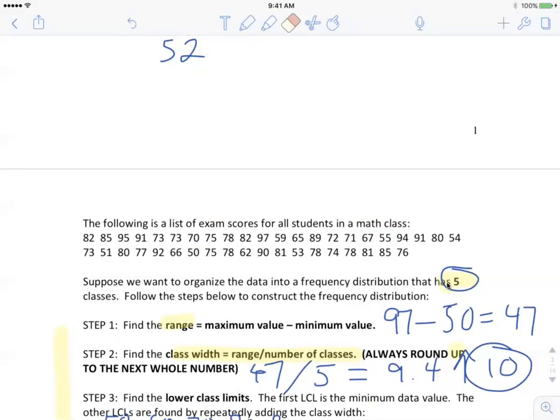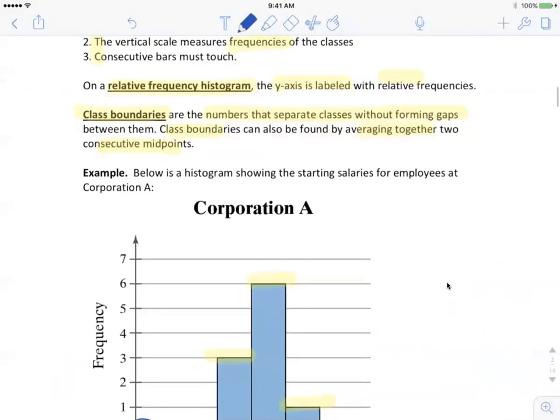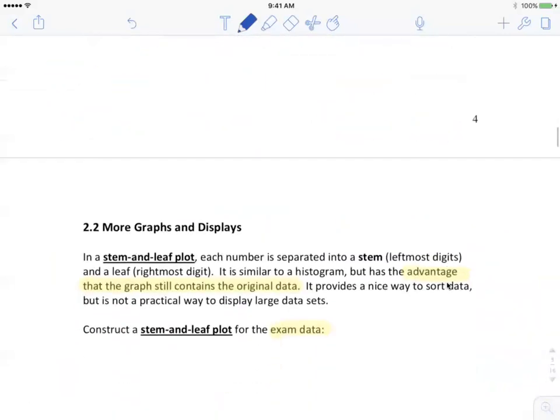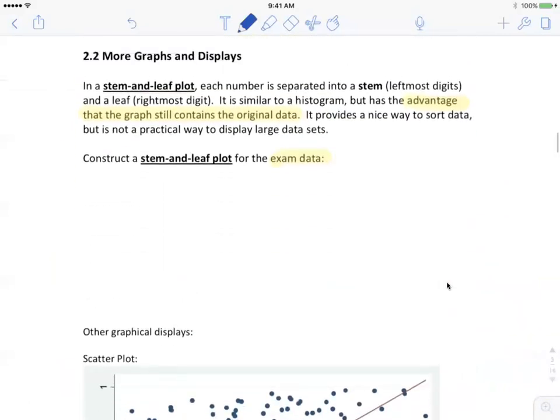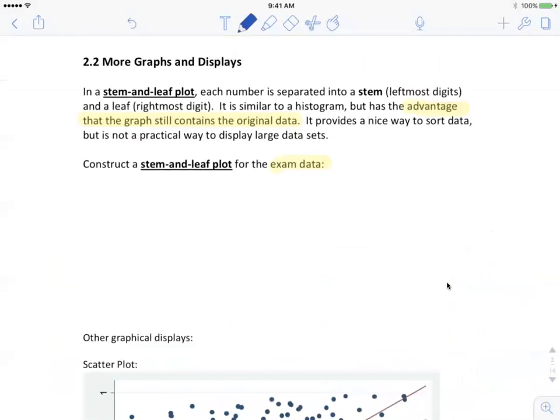Okay, so when I start constructing my stem and leaf plot, the leftmost digits are 5, 6, 7, 8, or 9. Okay, and then you're going to draw a line.